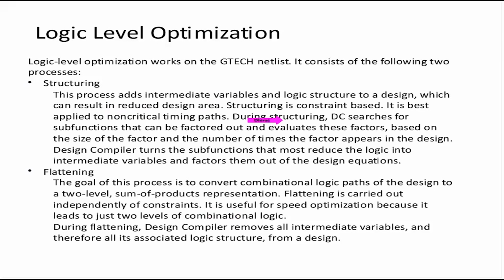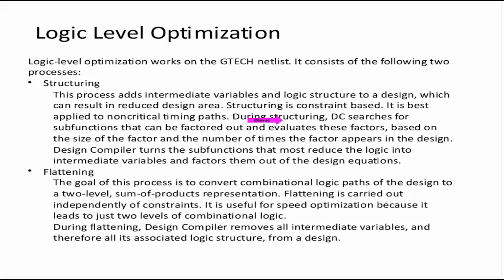Why? Because DC will only do the structuring for the parts of the design that are not timing critical. If DC knows that it can reduce the area without affecting the timing, it will do it. So if you notice, the major part of the design will be structured.